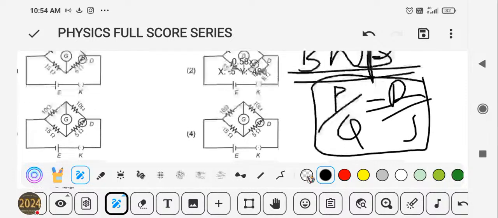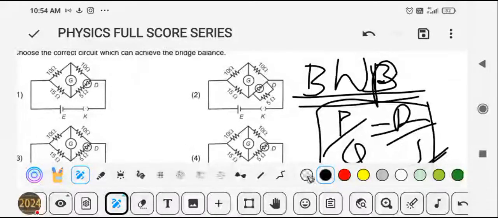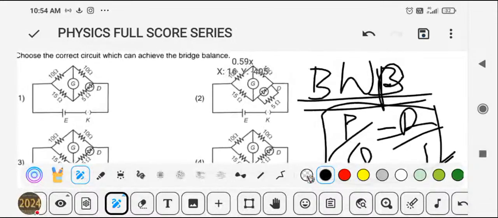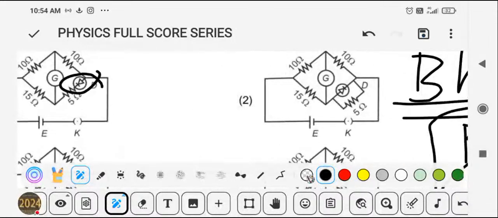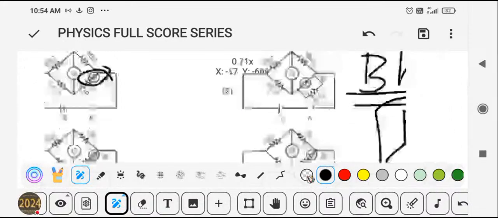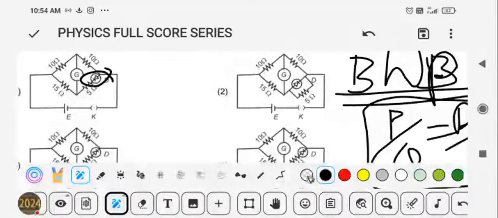It means that we should not only consider P by Q is equal to R by S. We have to consider the diode they have given, that is forward or reverse bias. See, in the first case, which is a reverse bias, there is no flow of current. In the second case, there is a flow of current, but the ratio in this case is 1 by 3 is equal to 1 by 2.